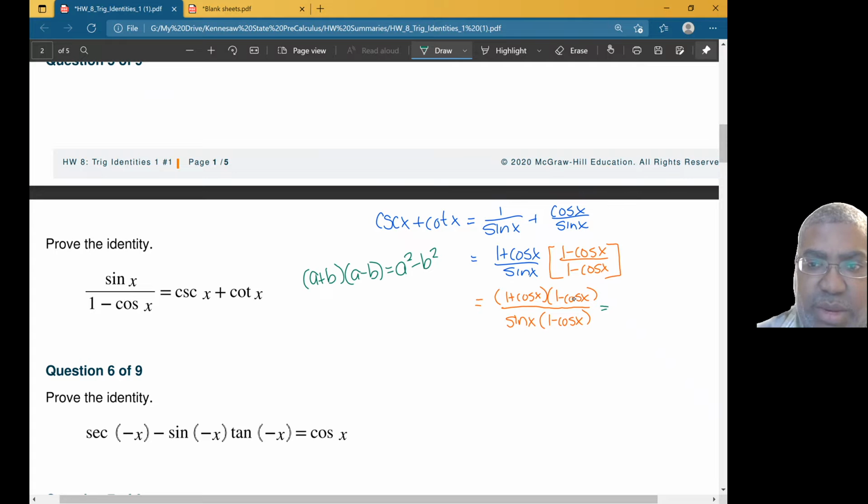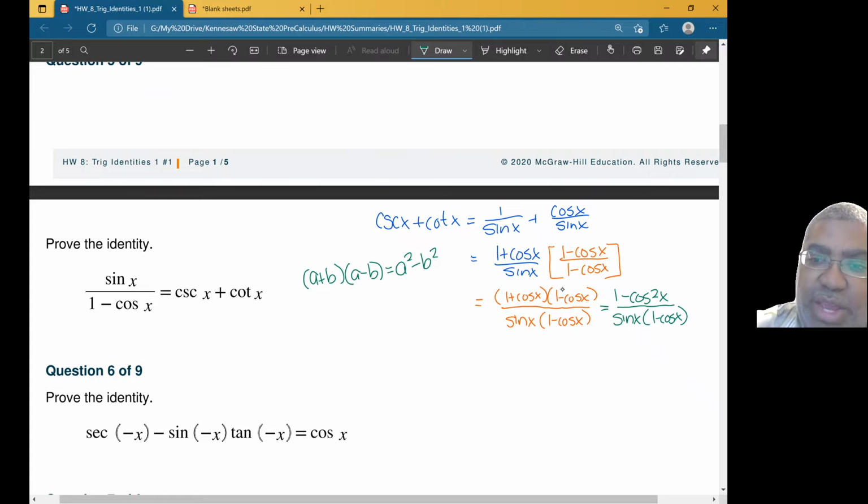So in this case, we get 1 squared, which is 1, minus cosine squared of x over sine of x times 1 minus cosine of x. Before, you were like, if we cancel this, we end up with what we started with. We don't cancel until we get to where we want to get to, until we're making progress. That would be going backwards.